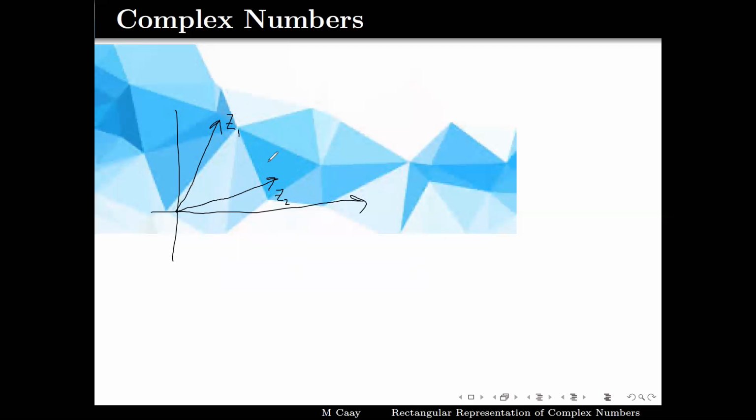Remember that what we do in physics when we do vector addition is to create an image for z2 and another image for z1. Somewhere here is the point of intersection. You just connect from the origin of z1 and z2 to the terminal point of the reflection of z1 and z2. So basically this is our sum, z1 plus z2. That's it.